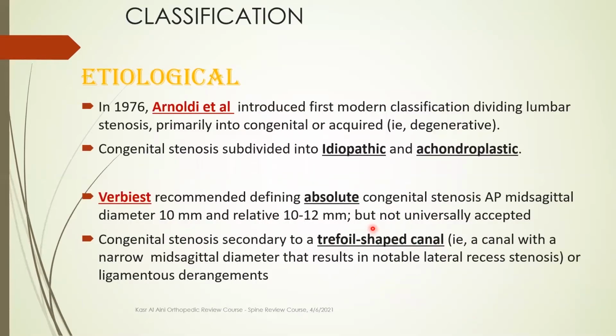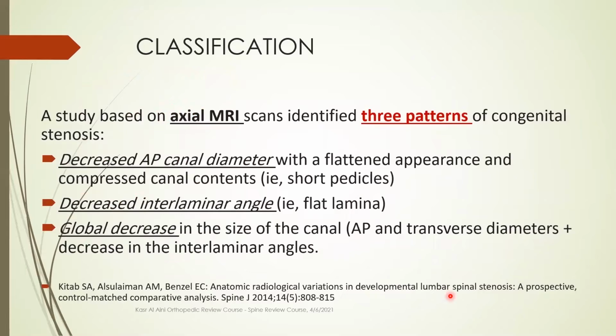Arnold et al. in 1976 classified spinal canal stenosis into congenital and acquired, with the congenital subdivided into idiopathic and achondroplastic. It's not only the anteroposterior diameter, but also the shape of the canal. So in congenital stenosis secondary to trefoil shape of the canal, there is narrowing of the anteroposterior diameter and also lateral recess stenosis.